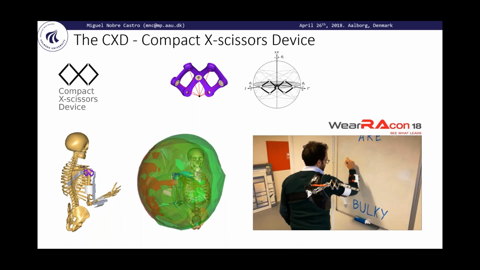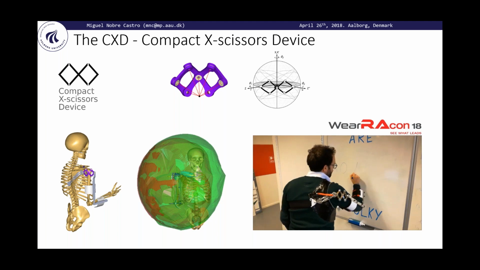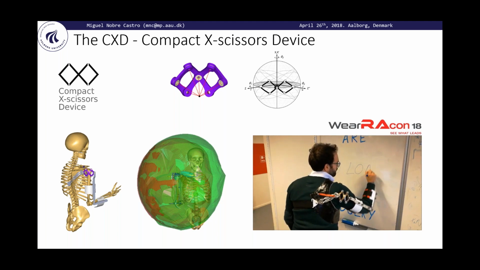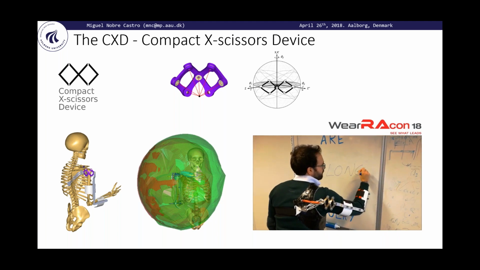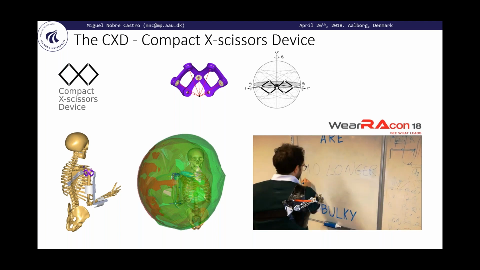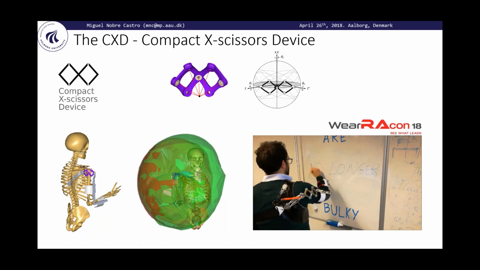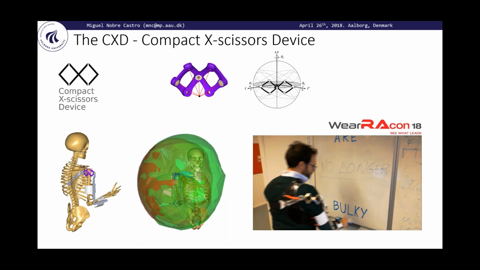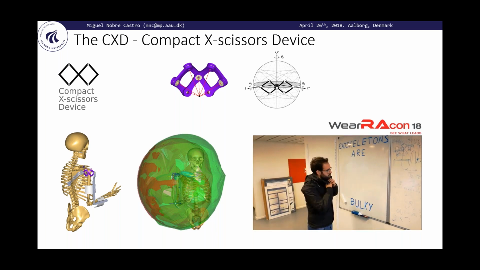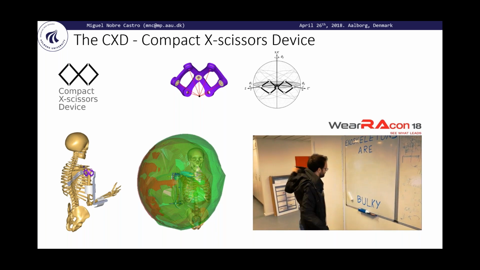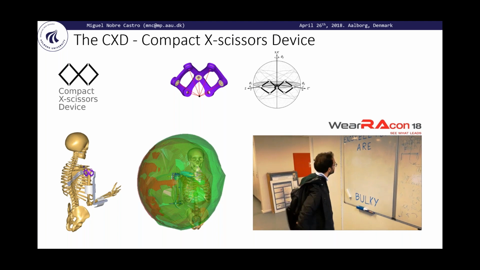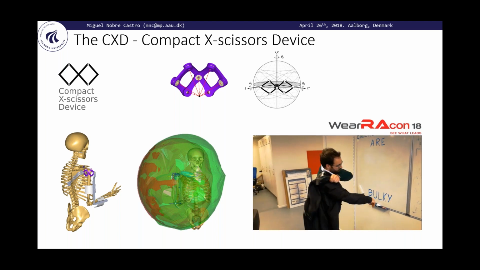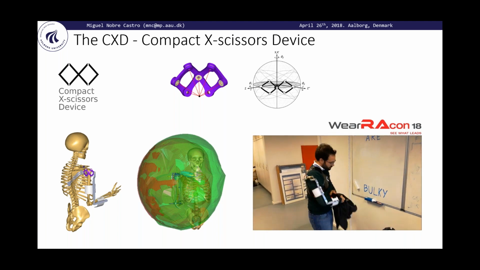The green one represents what the subject can do without having the orthosis on him and without any payload. And the red one, the darker shade, represents what the subject can perform while wearing the device.